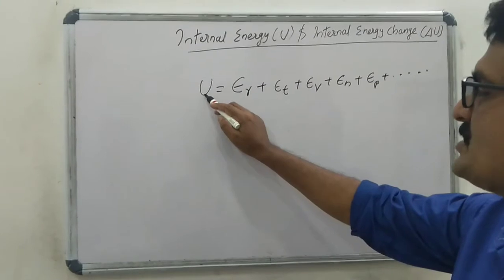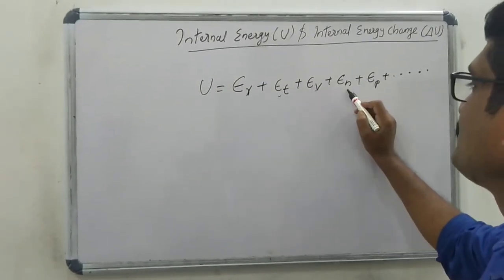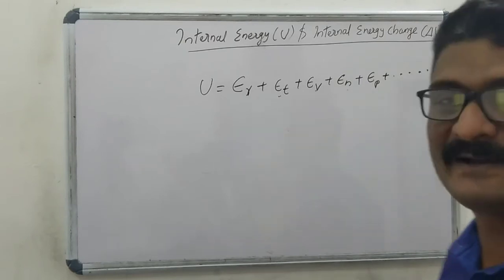That means internal energy U is equal to ER plus ET plus EV plus EN plus EP plus etc.